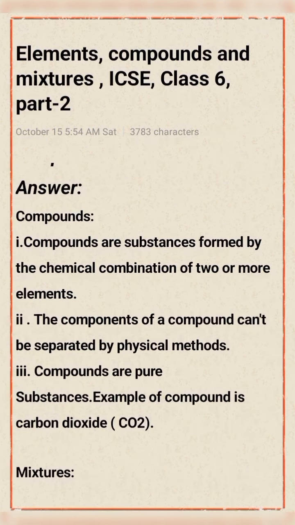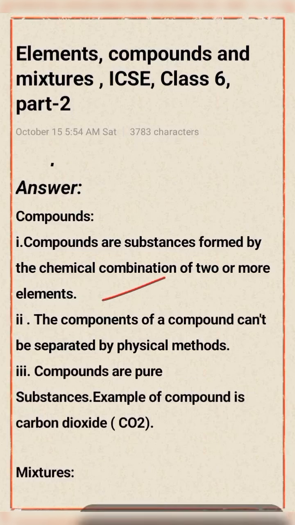Next question type: distinguish between compounds and mixtures. Compounds are substances formed by the chemical combination of two or more elements. The components of a compound cannot be separated by physical methods. Compounds are pure substances. Example for compound: carbon dioxide.